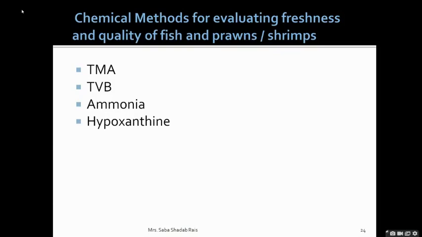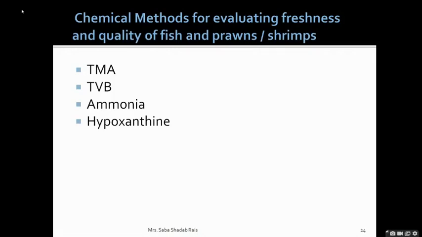So it brings changes in odor, texture, appearance and flavor. Spoilage is the result of many complex changes, and most chemical methods involve the measurement of one or many substances. No chemical method will give the same degree of accuracy; all the methods are different.